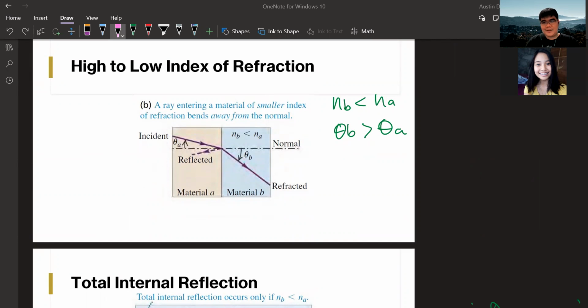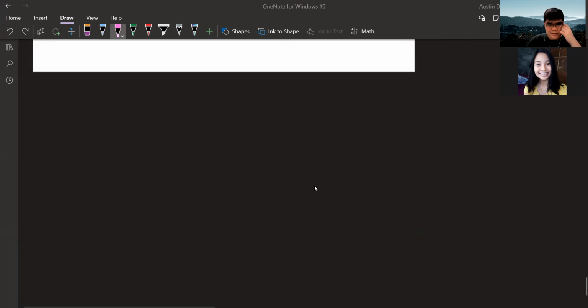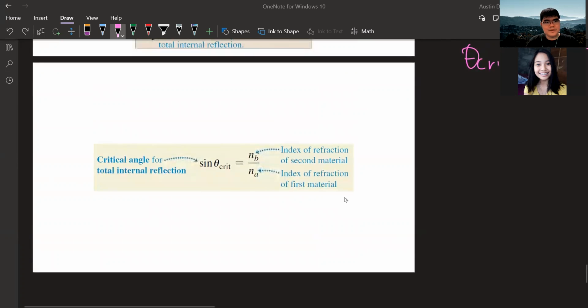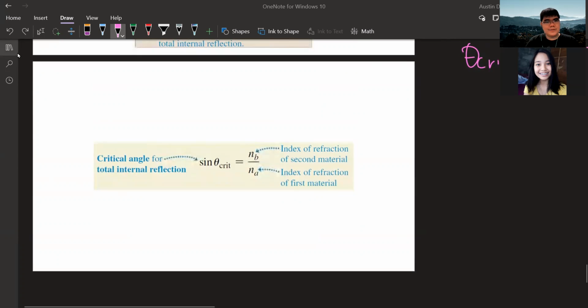Deadline niya 27 para ma-practice lang yung sa induction. Sa induction tsaka sa inductance. Nag-upload ako nung Holy Week nung inductance na lesson. Okay, so that's it for today.